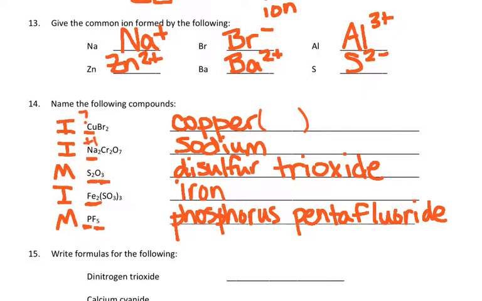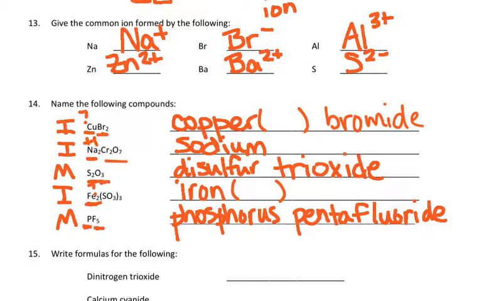For iron, Fe, it's also a transition metal with a question mark for the charge, so that means we will need a Roman numeral. The last part of our compound will just be the name, changing the ending to -ide unless it's polyatomic. Polyatomic just keeps its name. So Br is bromine, so it becomes bromide.